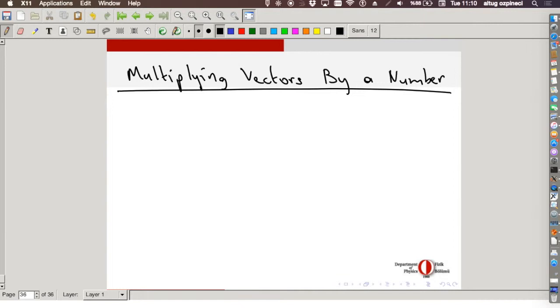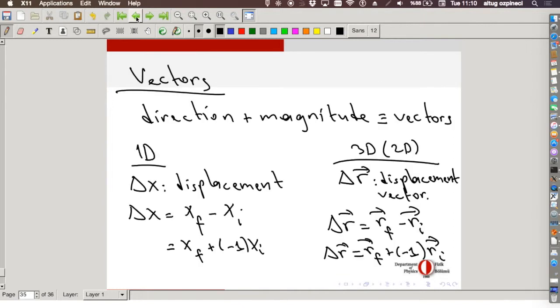Okay, before we go on, just note a few things. When you talk about vectors, you always put the vector sign to make sure that it is a vector. In your book, and in most books, they use bold-faced letters. But when you're writing with your pen or pencil, you will not be able to use bold-faced letters, so you have to put this vector sign to make sure that whoever is reading it understands that it's a vector.